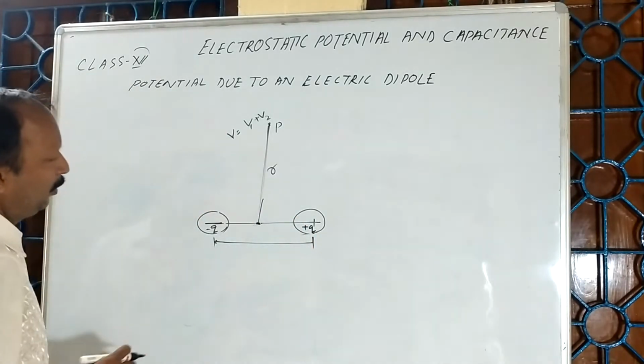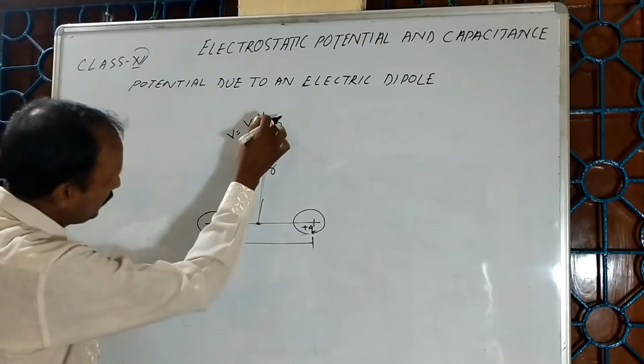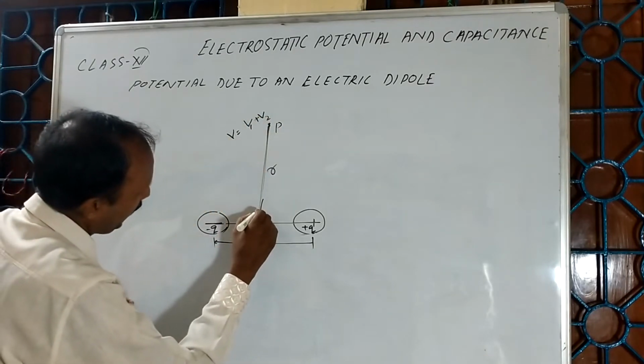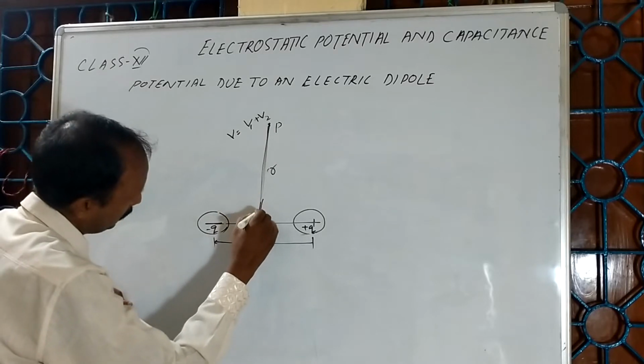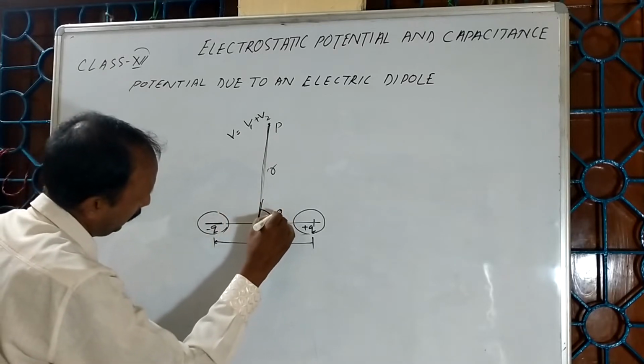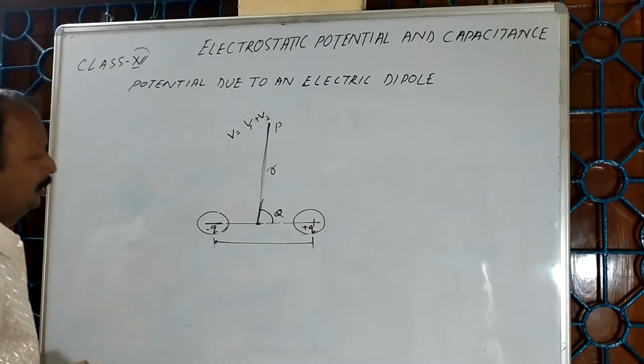Now, suppose this distance makes an angle theta with the dipole.